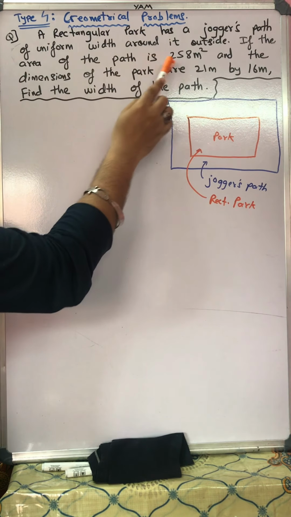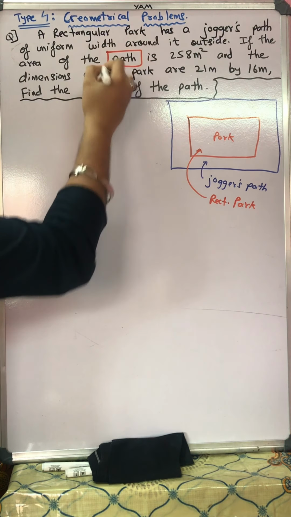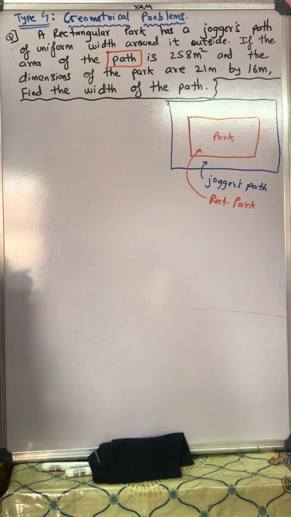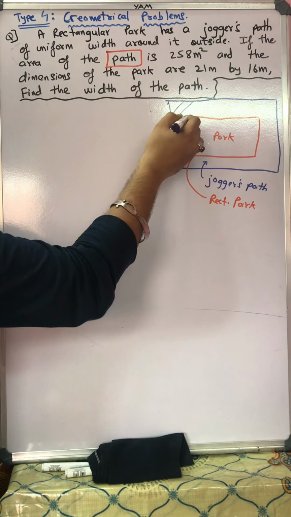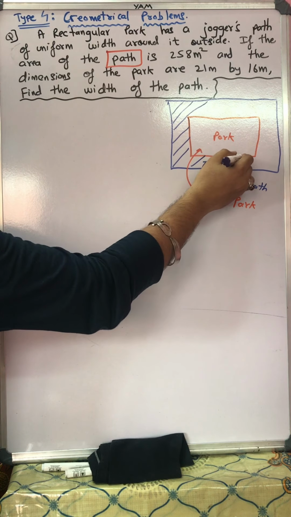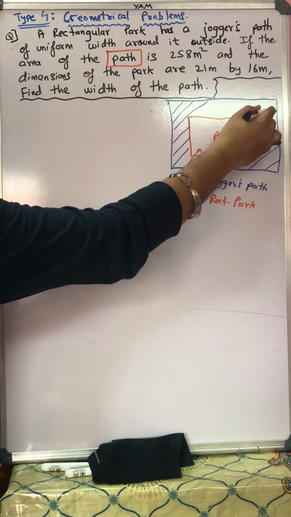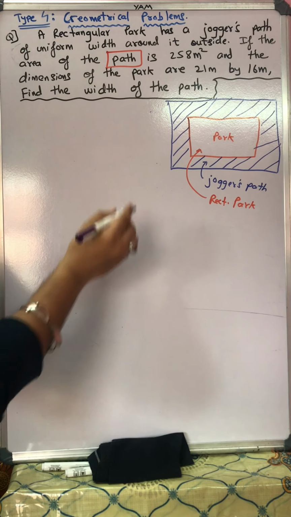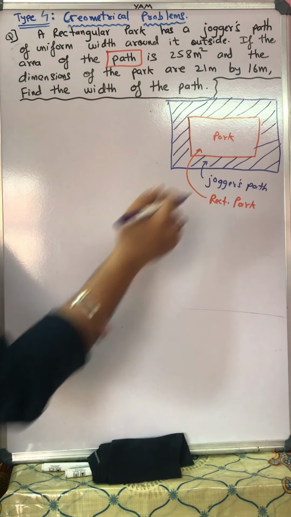If the area of the path is 258 meters square, where is the path? This is the jogger's path. For better understanding, I am highlighting the path. So can I say this shaded part is nothing but the jogger's path.